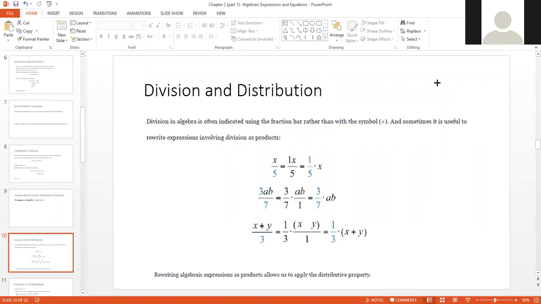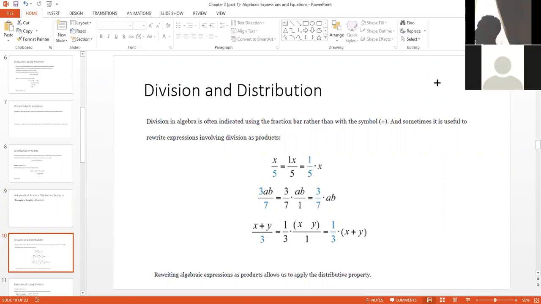Okay, division in algebra is often indicated using the fraction bar rather than the division symbol you're accustomed to. And sometimes it is useful to rewrite expressions involving division as products.